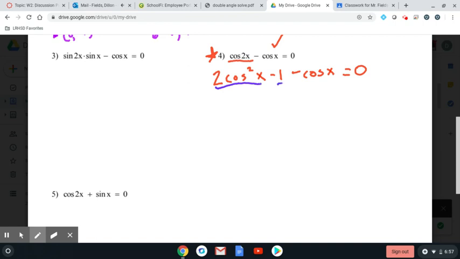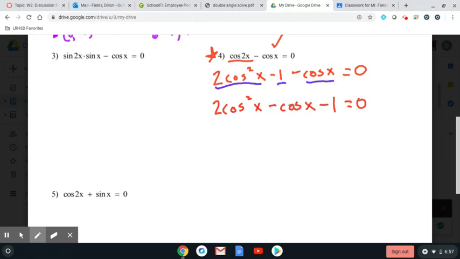Here's one, here's another, and there's your third. What's going to make this easier for us to see is to rearrange these. I'm going to keep my cosine squared first, then the cosine to the first power second, and that constant term, the 1 that's by itself, all the way at the end.